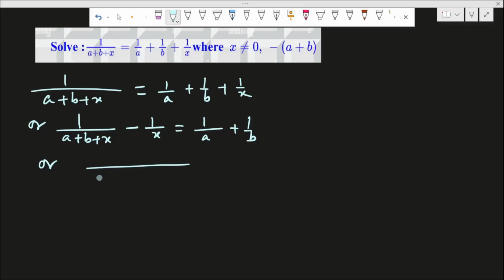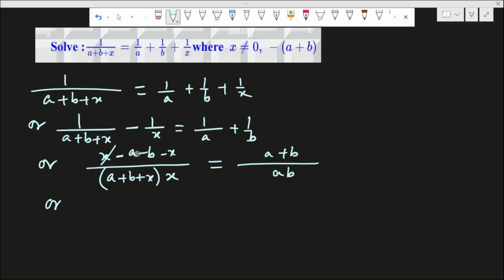For the left hand side, the LCM is x times (a plus b plus x), and for the right hand side, the LCM is ab. Here it will be x minus (a plus b plus x). If we don't write within brackets, it is minus a minus b minus x. The right hand side is a plus b.